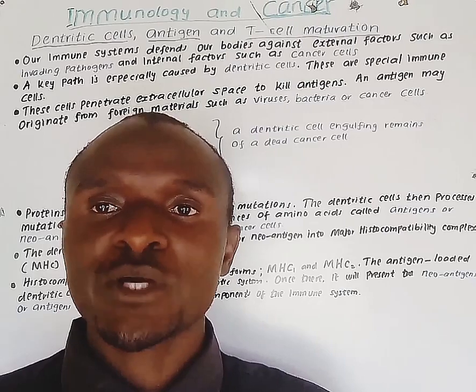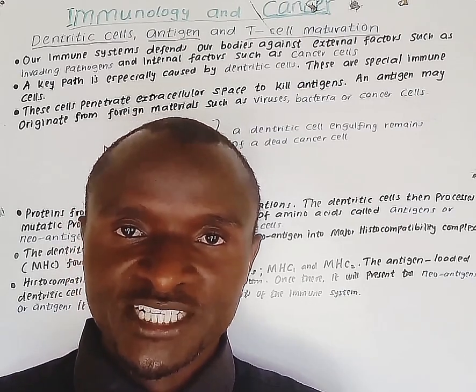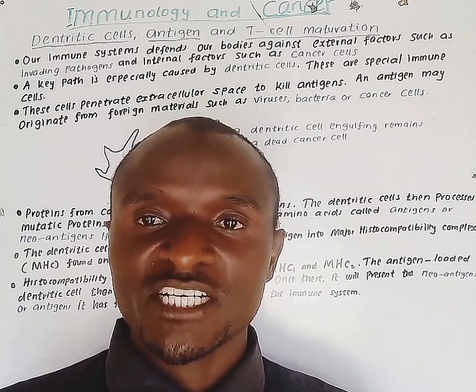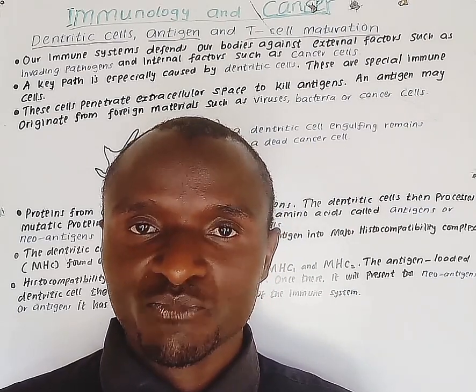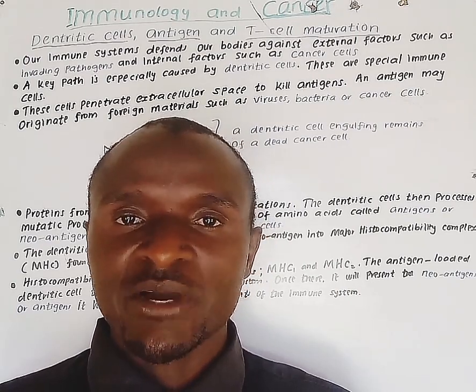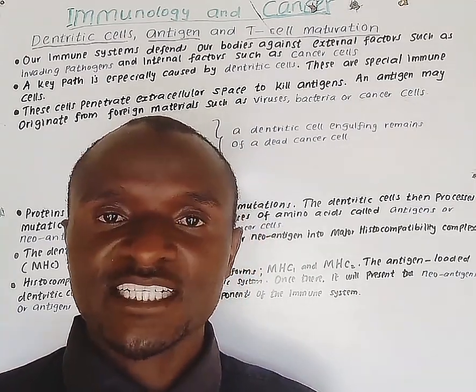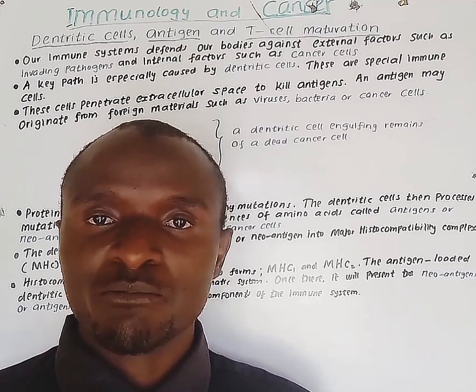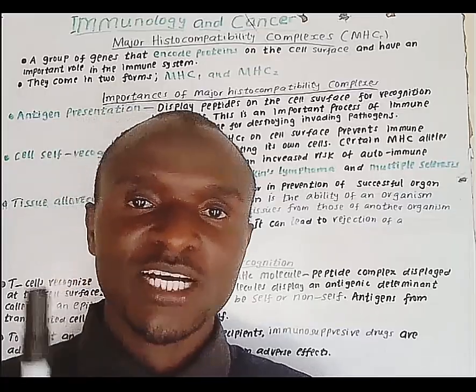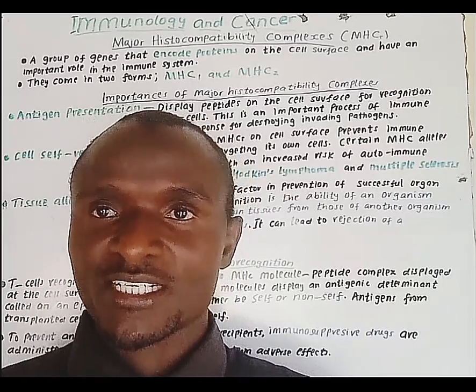We are going to look at histocompatibility complexes in a few seconds. The dendritic cell then travels into the lymphatic system. Once there, it will present the neoantigens or antigen that it has found to other key components of the immune system.